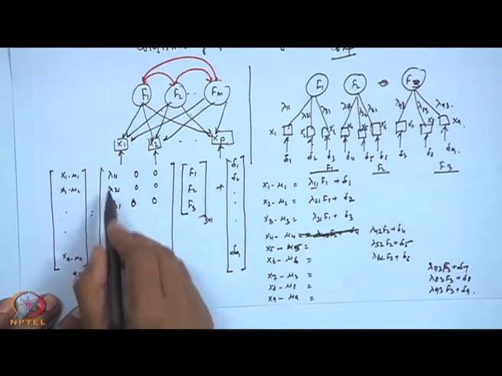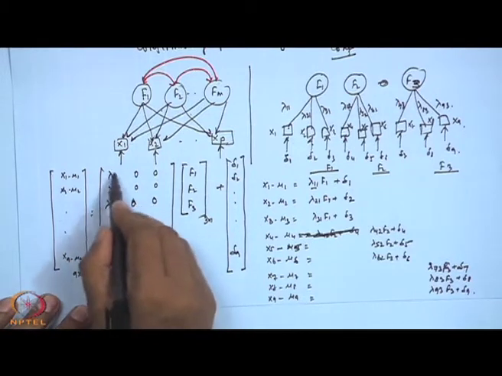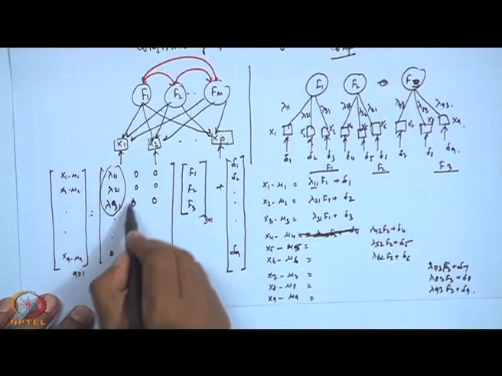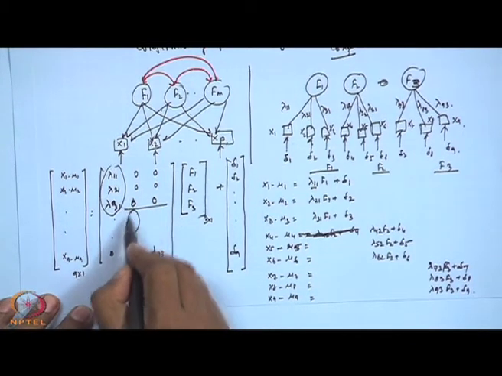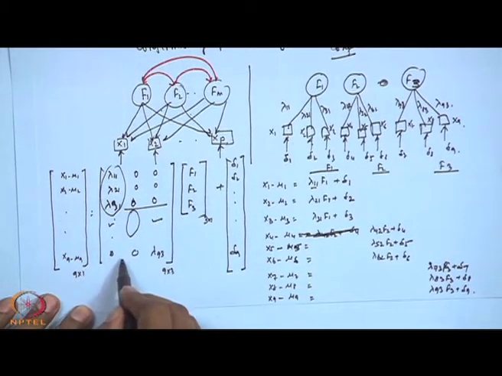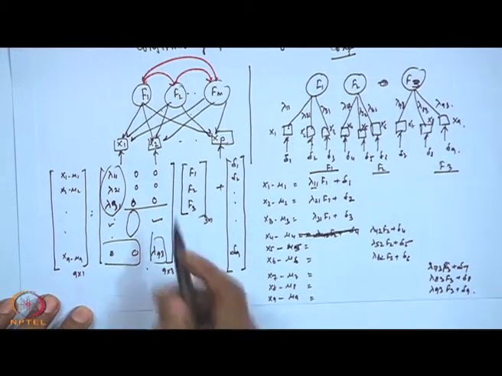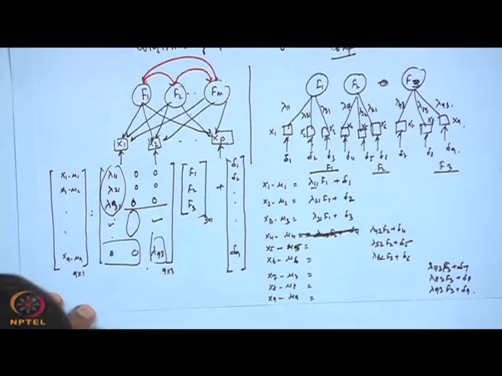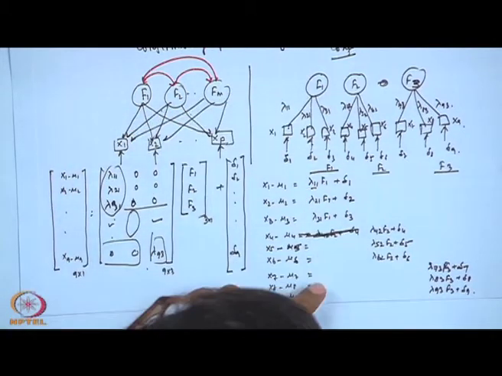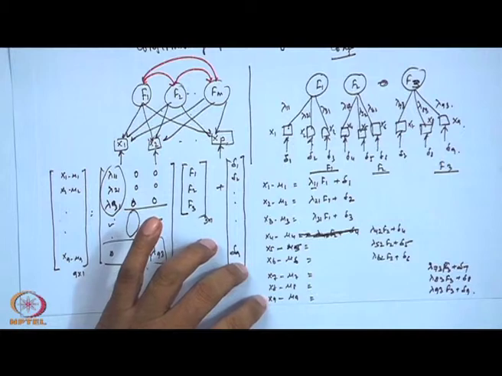You will be getting the first 3 variables here, then 0, the second 3 variables you will be getting here 0, the third 3 will be 0, here you will get some values. So, you are not getting all the lambda values because that is not required, that is the difference.